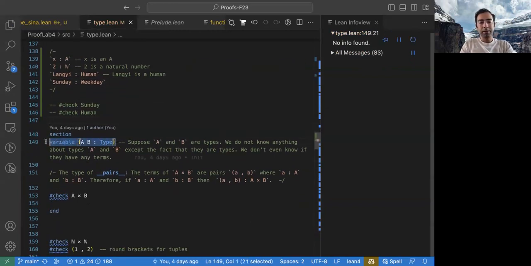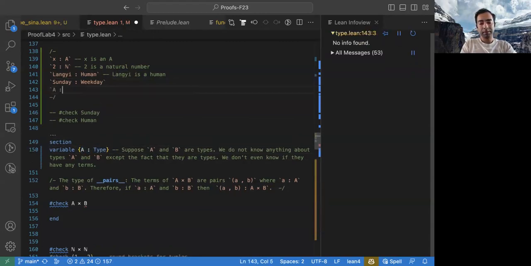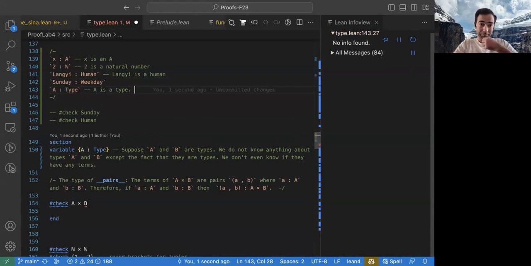So what I'm doing here when I write A B type, maybe I should do it one by one. Let's just do A type. So if I do A type, the meaning of this, following the same pattern, would be that A is a type. But what does this mean? Let's think about it. What does it mean that I write type in here?